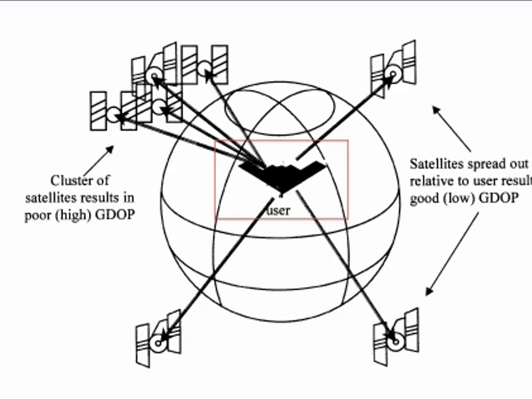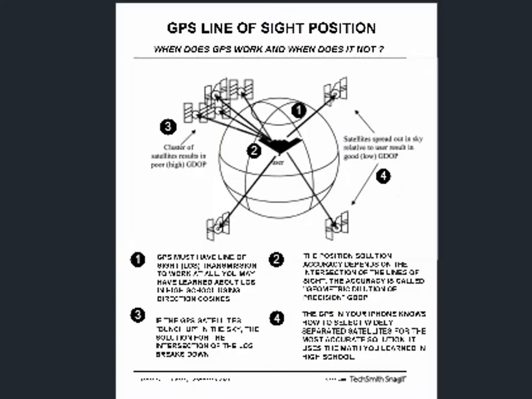So you need 4 satellites to solve for those 4 things, the 3 variables in position and time. And we went through a few things that are important to remember. The first thing is that the line of sight is crucial. You must have a line of sight. GPS is a radio, and so you must have that.